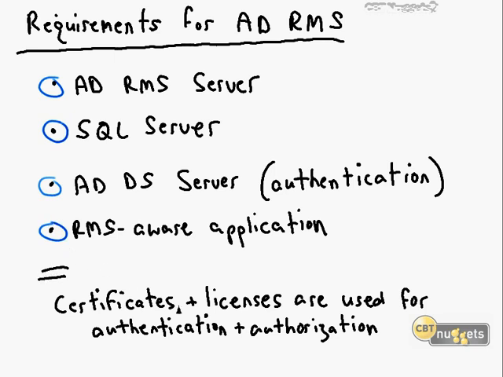Now you might be wondering, how is authentication and authorization taking place? As you'll see in the demo, digital certificates and transmitted licenses are used for both authentication and authorization. What we're seeing here, friends, is a trend toward something that Cisco has been a huge proponent of for many years, and Microsoft is finally catching up, and that is AAA. No, I'm not talking about the American Automobile Association either.